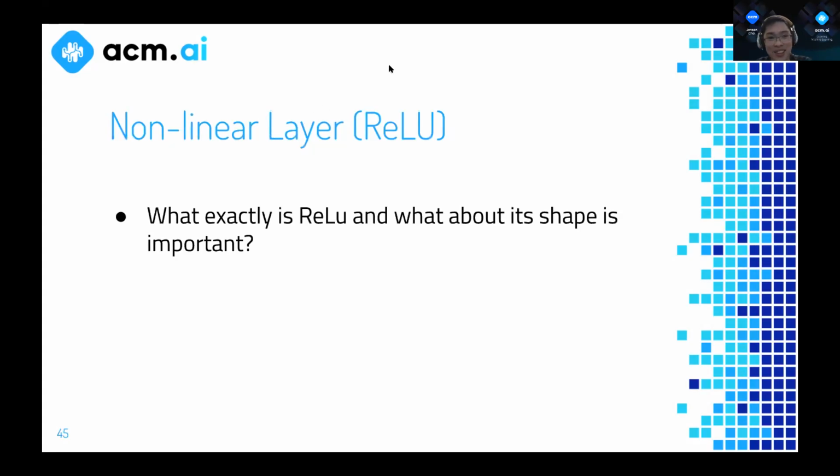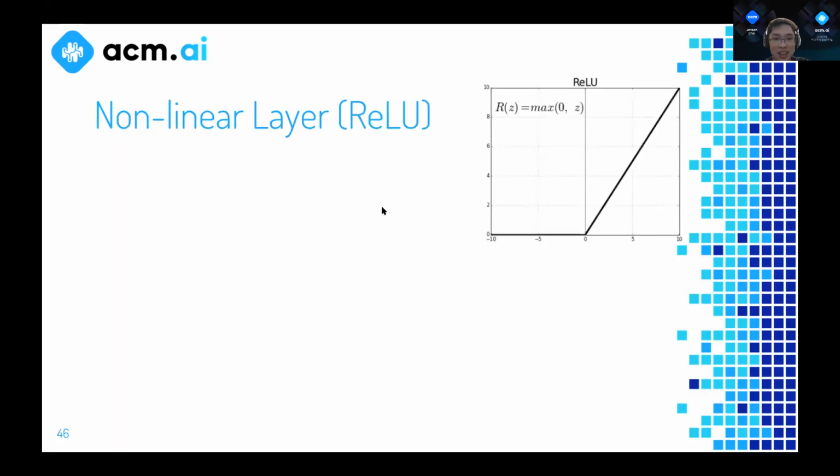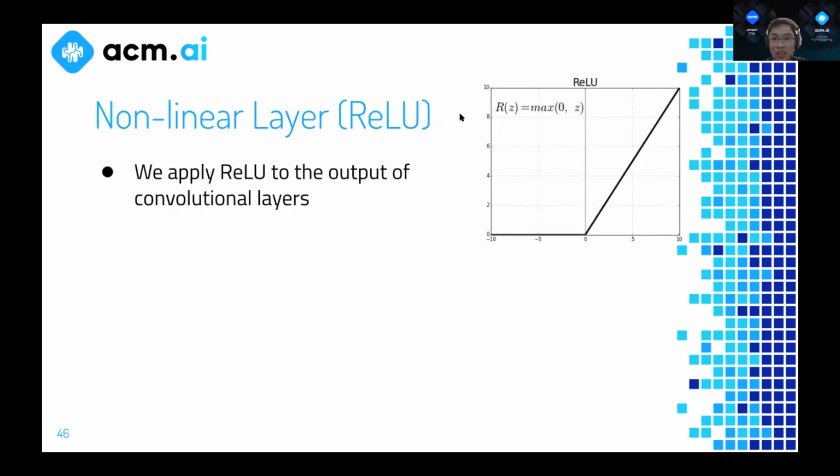Relu is basically just a nonlinear layer. And in the next couple of slides, we're gonna go into what exactly is Relu and the significance of its shape. All right, so Relu stands for a rectified linear unit, and it looks something like this.